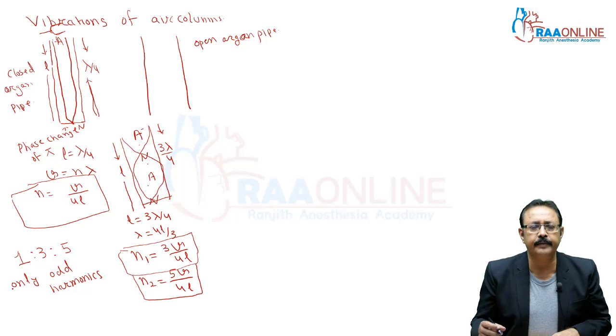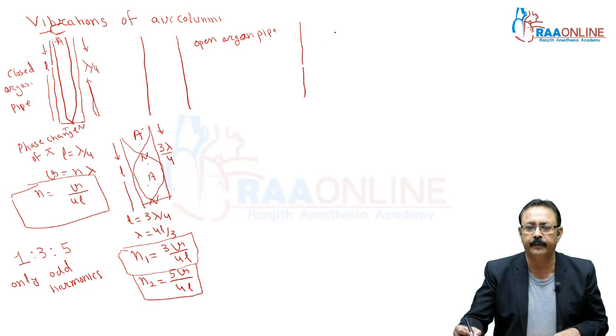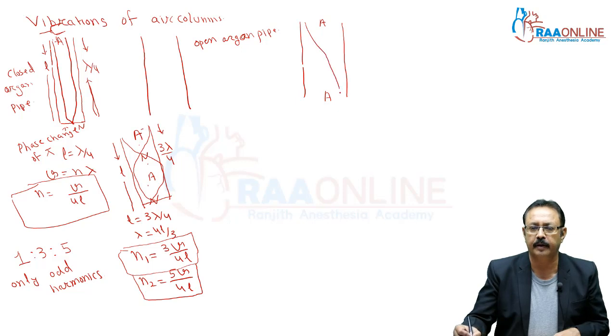But what will happen in the case of an open organ pipe? If you have one open organ pipe, the open end is always an antinode. So minimum one antinode here, one antinode here, and between them one node should be there. Means the case is like this.